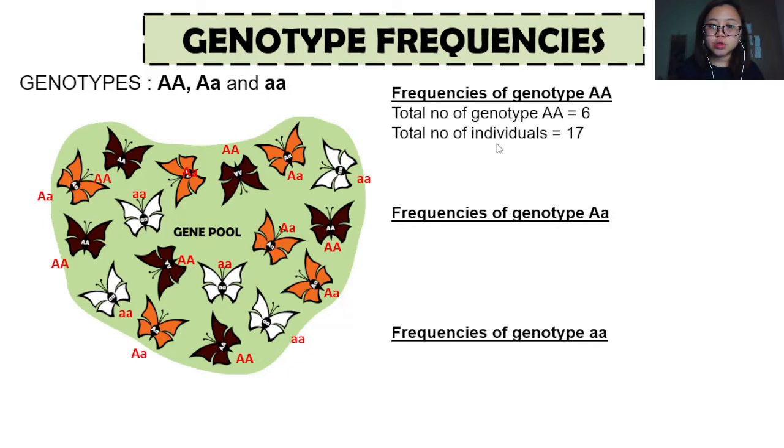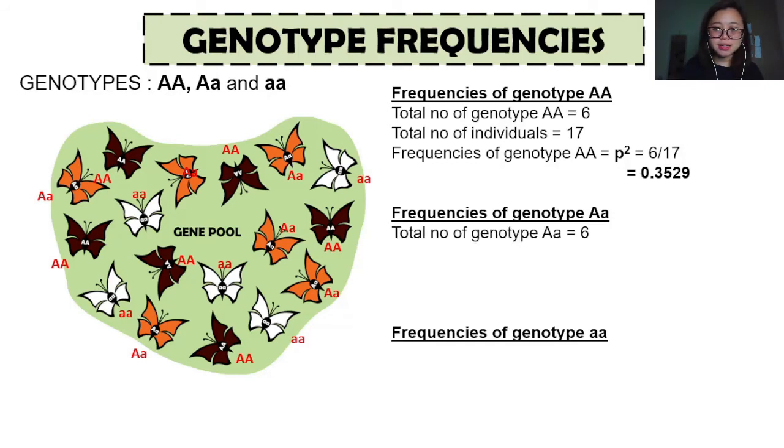And then we get the total number of individuals. Remember, now we're calculating individuals. To get the frequency, which is also represented by P square, we simply divide the number of genotype big A big A over the total number of individuals. Since the question didn't say how many decimal places it wants, we give 4 decimal places.